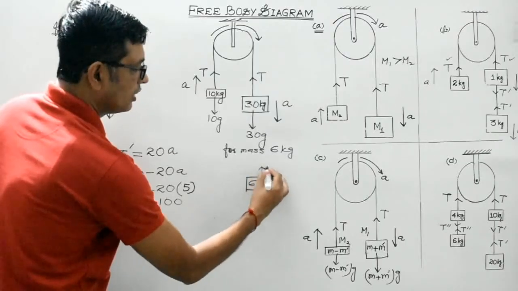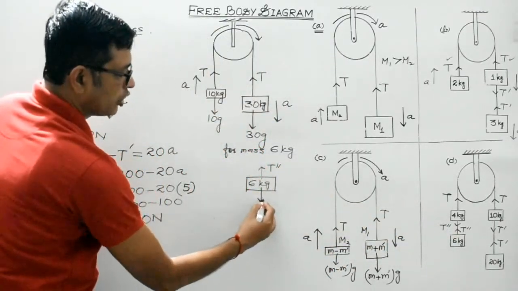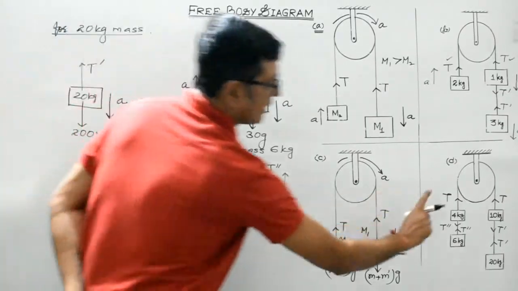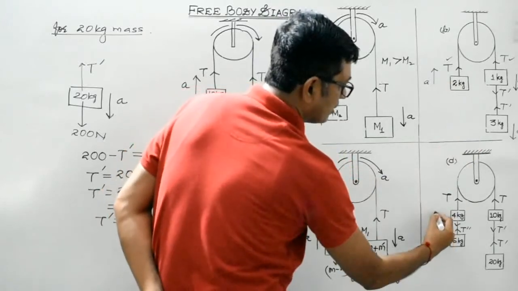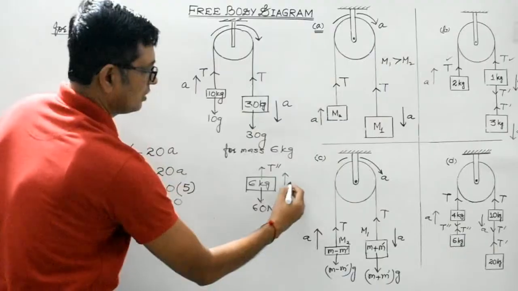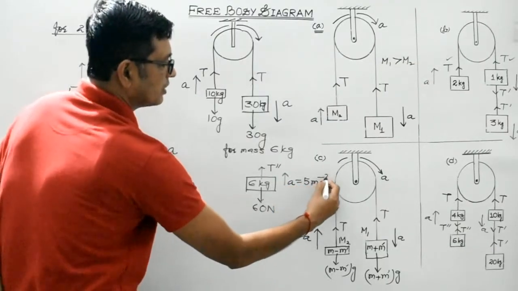What are the forces acting on it? In the upward direction, T double dash, and its weight, which is 60 Newton, and obviously it is getting accelerated in the upward direction, isn't it? This is the acceleration, and we have determined its value to be 5 meter per second square.